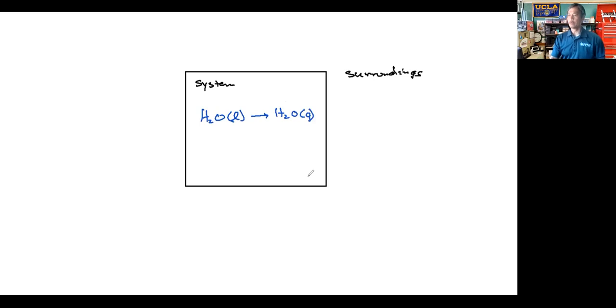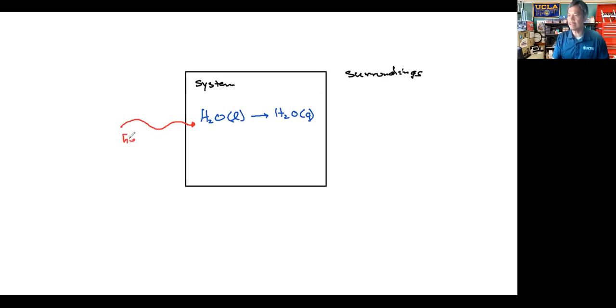In order to have water evaporate, and make sure you keep this in mind, you have to add heat. Just think of boiling. So you're going to add heat to this process in order to get water to turn from the liquid to the gas state.